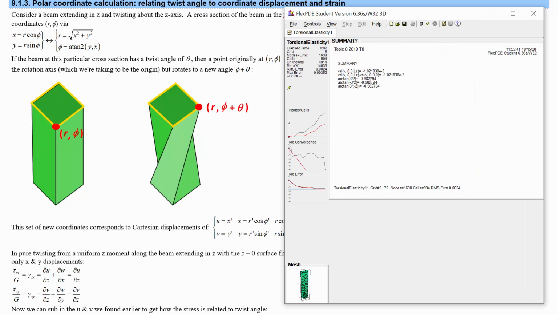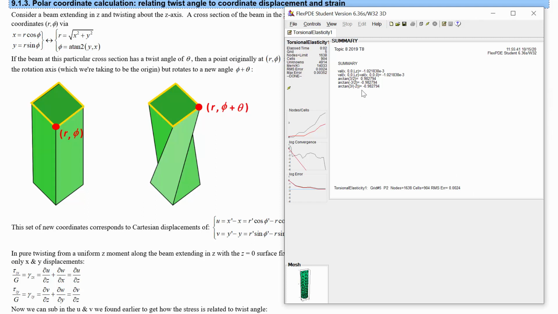So this arctan of 3 over 2 is this positive number. Arctan negative 3 over 2, if y is negative, we expect a negative angle there. But arctan of 3 over negative 2, if this meant y is 3 and x is negative 2, then we should have this kind of bigger angle over there.